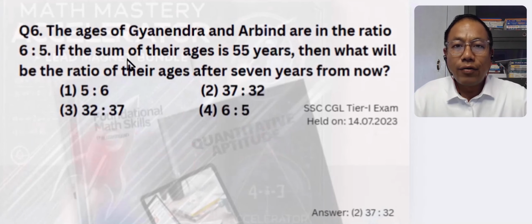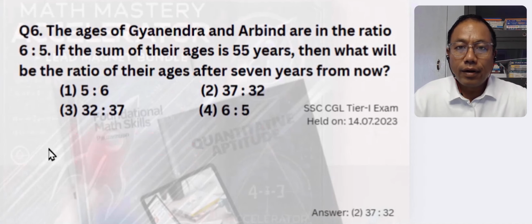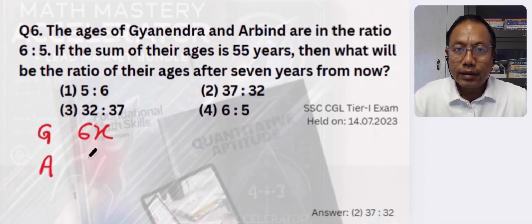The ages of Gyanendra and Arvind are in the ratio 6:5. Gyanendra's present age is 6x. Arvind's present age is 5x.